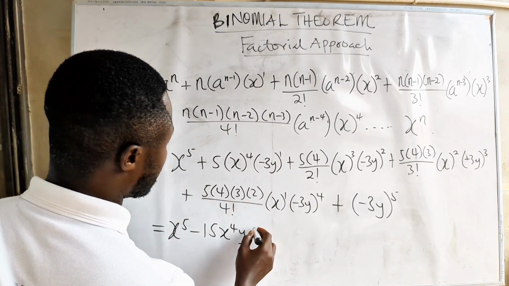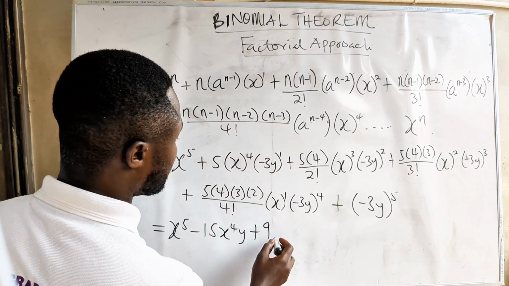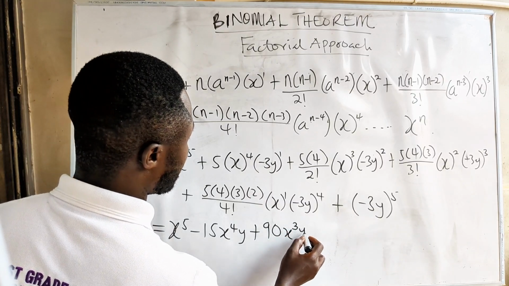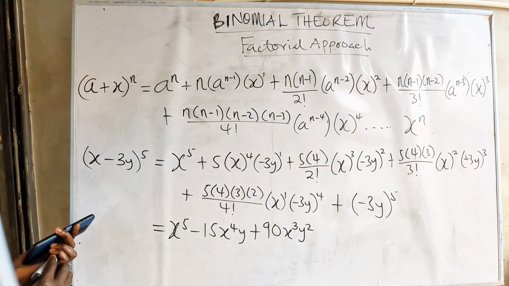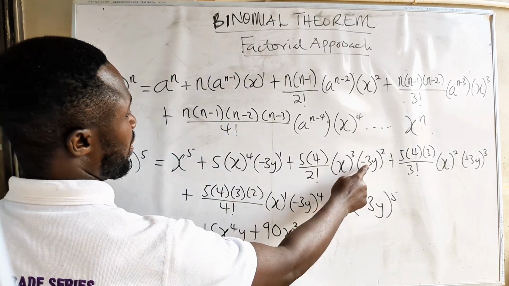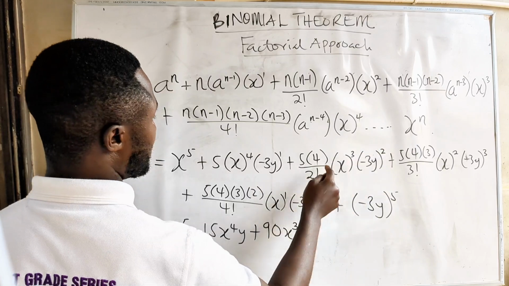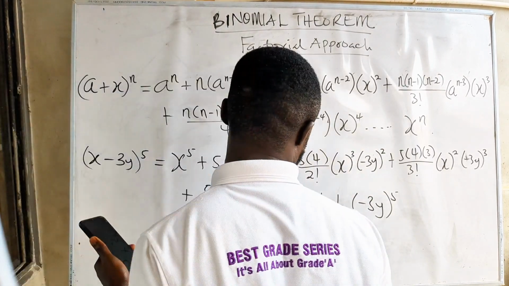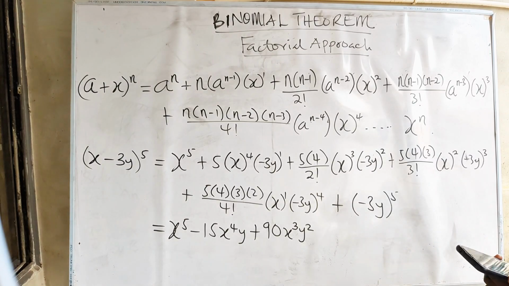That will give us 90. So plus 90 x cubed y squared. This is what we are going to have here. So 5 times 4 times negative 3 squared, which is 9, divided by 2 factorial will give us 90 x cubed y squared. Then let's come to the next term.